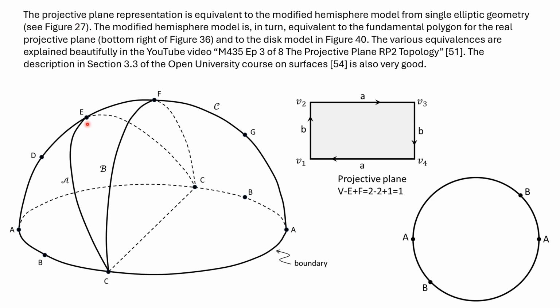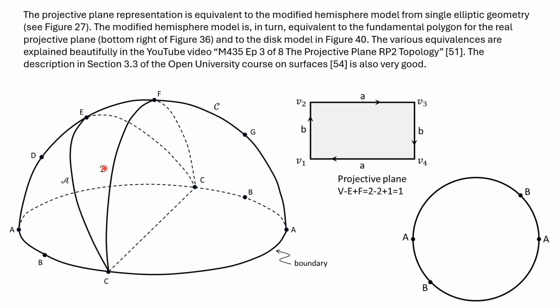But just to focus on the problem at hand, in this hemispherical model, the lines are semicircles, so we see A and B are two lines, and they're equivalent to what we're calling parallel in the projective plane if they share a common point along the boundary here at the bottom.